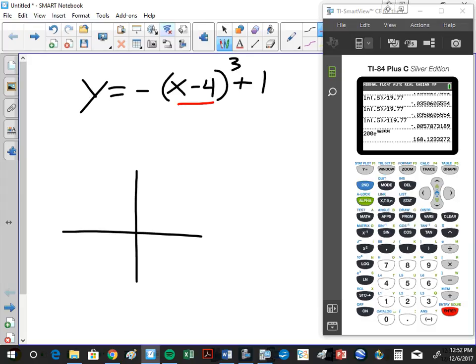So this tells me right 4, up 1, and it's an x to the 3rd graph, so it's supposed to look like this, but it's upside down. But it's not, it's just a regular x to the 3rd because there's no number there. If you multiply by a number in front, then it would be taller, or if it was raised to the 5th, it would be taller. But this one's just a regular x to the 3rd.